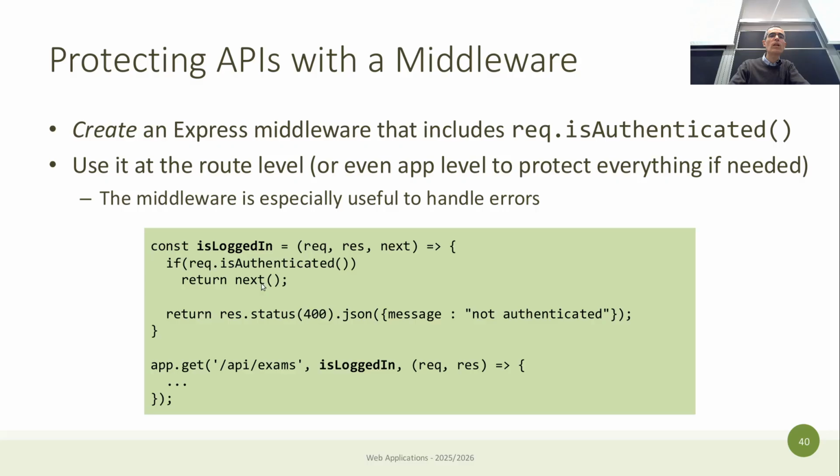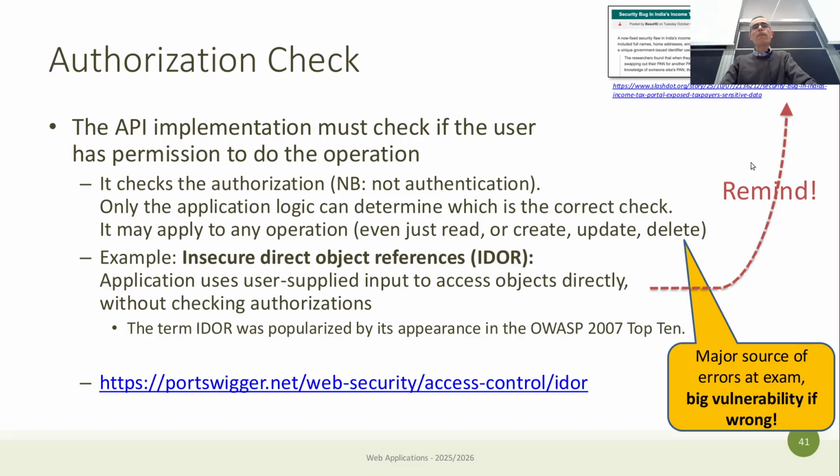If it's authenticated, it goes to the next one. It means your function and so on. Otherwise, it returns with this message. In this way, this message is the same for all the requests that need to be authenticated, in case the request that comes from the client is not authenticated. Okay, so you write this code only once, okay? Instead of copy pasting in all the places where you need it, which is never good, right, in programming.